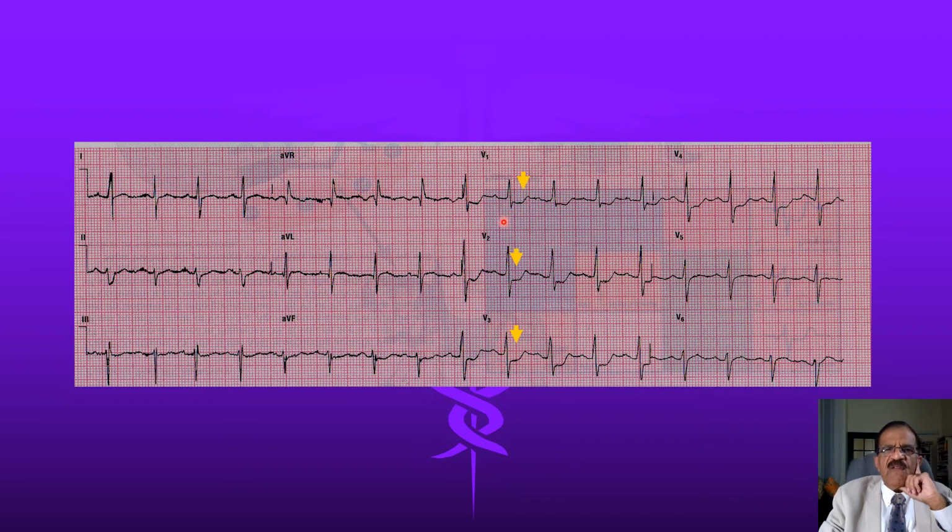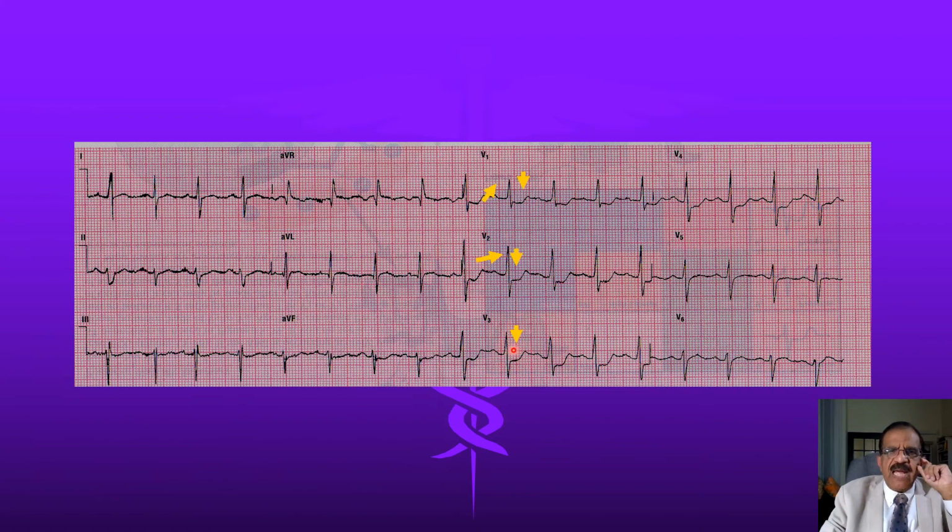Normally, in V1, we have a very small R wave, in V2 maybe slightly longer, and then it evolves further in V3. They are unusually tall R waves, and then T wave is also prominent here. You can appreciate this T wave because T wave actually starts from here, so it is prominent. What do you say?